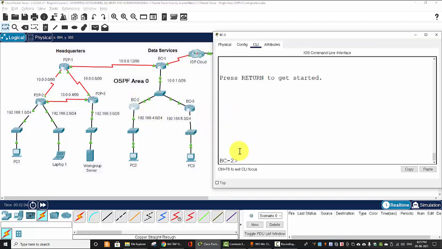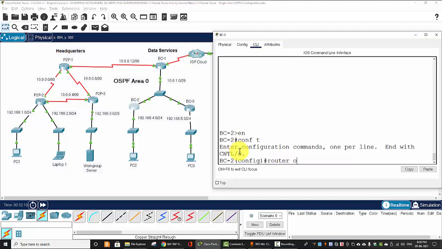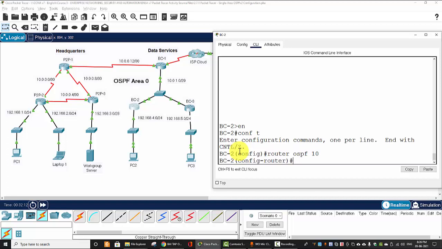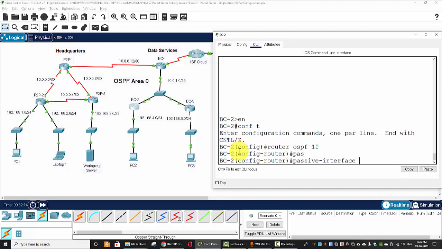For example, on BC2, router OSPF 10 and passive-interface, we set 0/0/0.